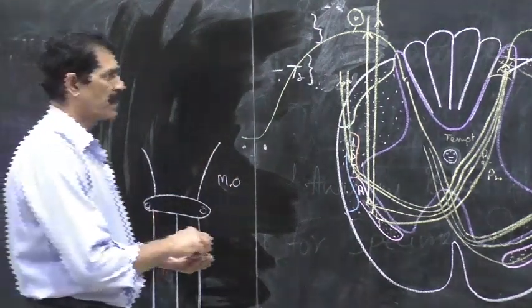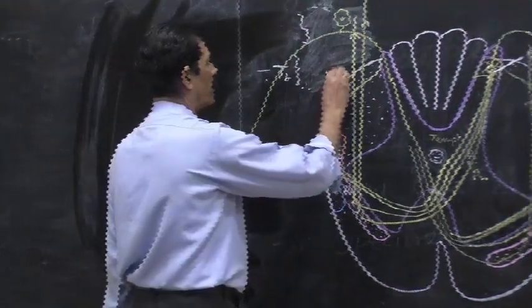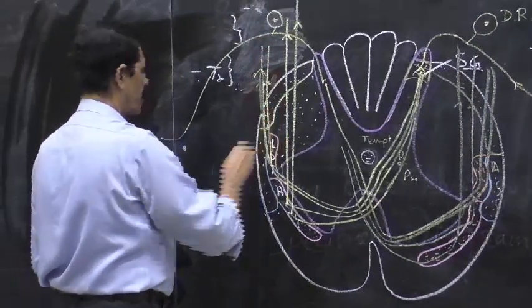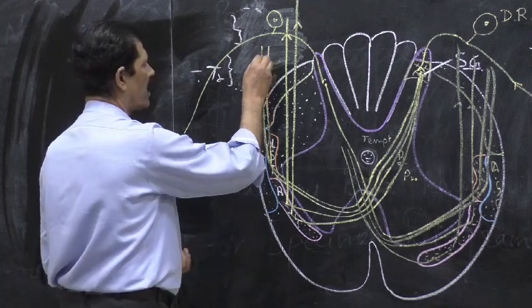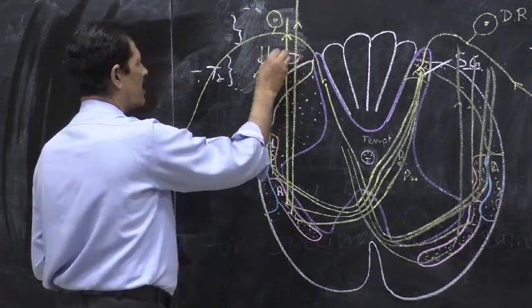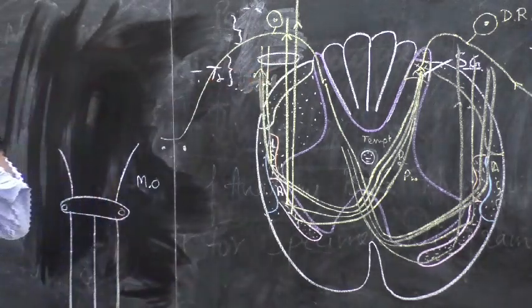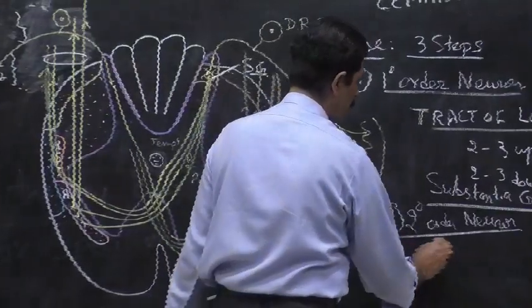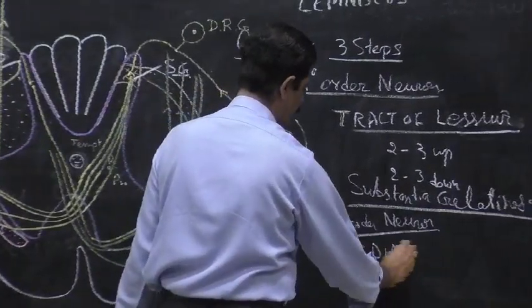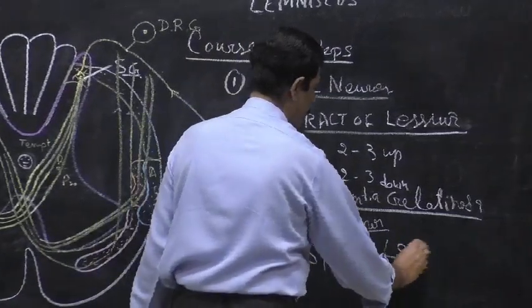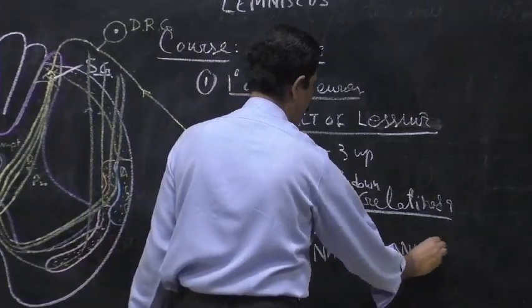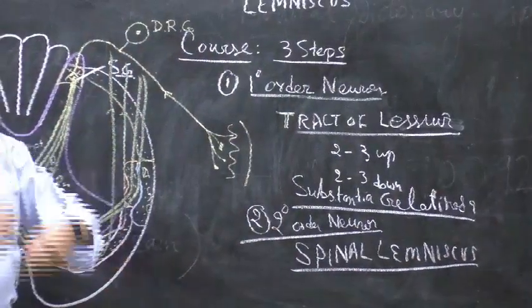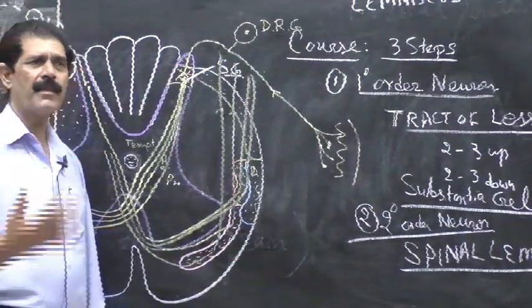Now these fibers from the lateral as well as from the anterior spinothalamic tract, these second order neurons, when they ascend upward, they are close together. And these second order neurons which are closing together are now named the spinal lemniscus. Now their name changes. Why? Because they are now closer, so the spinal lemniscus is formed.